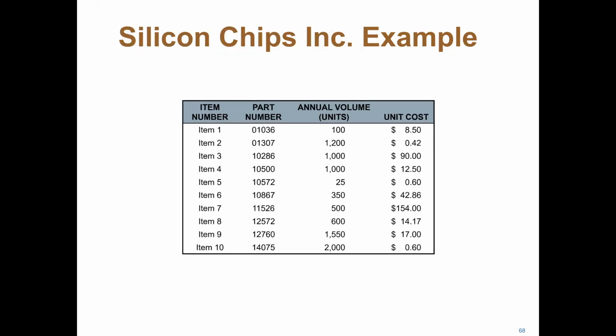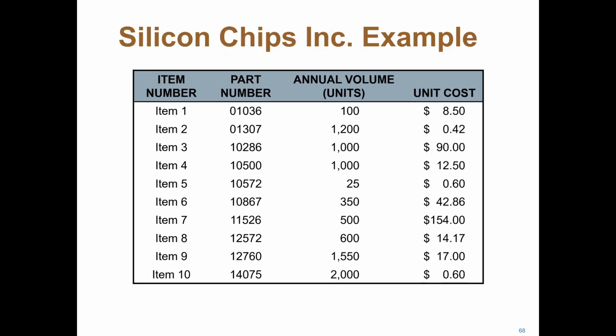So here is an example of a silicon chips incorporation. We have 10 inventory items here, part numbers are given, and the annual volume of units, which is the total demand in a year, and we have the unit costs here.